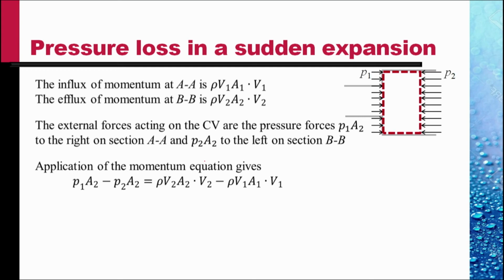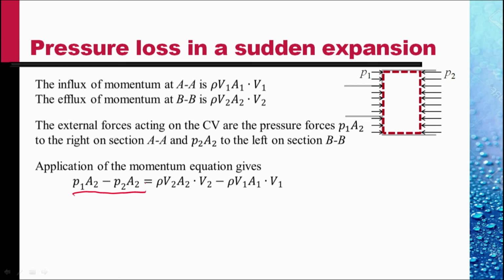The influx of momentum at AA is rho V1 A1 into V1, the velocity at V1. The efflux of momentum at BB is rho V2 A2 times V2. The net external force, P1 A2 minus P2 A2, is equal to the net efflux.